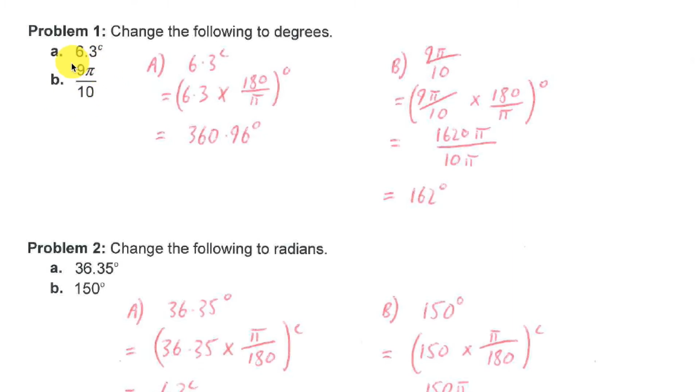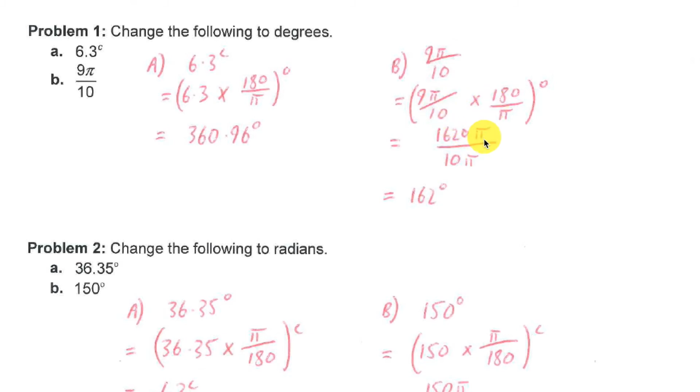In the second example, I've been given the radian angle in fractional format, so 9 pi over 10. So again, all I need to do is go 9 pi on 10, multiply that by 180 on pi, and then that will give me something that is in degrees.